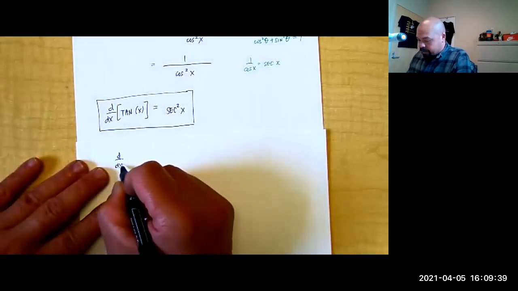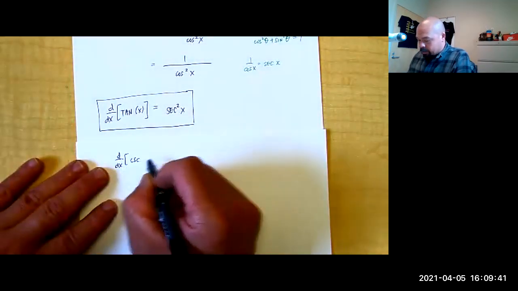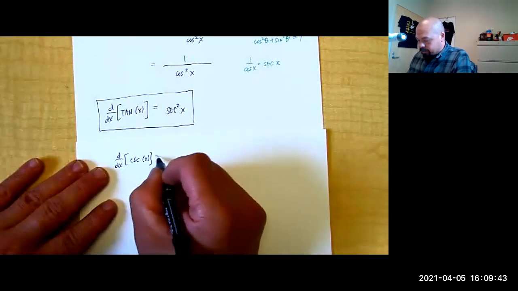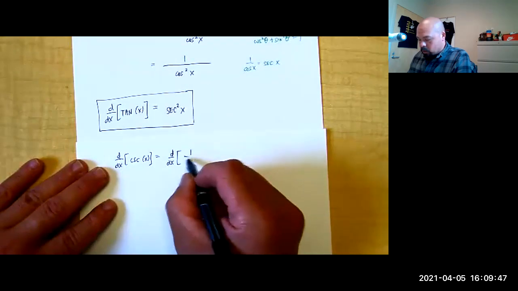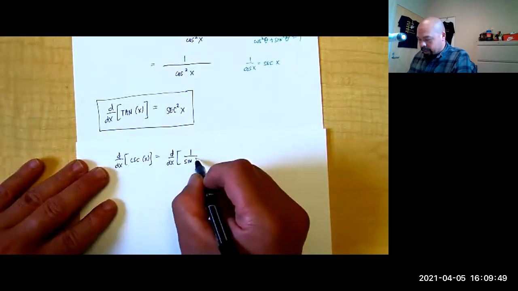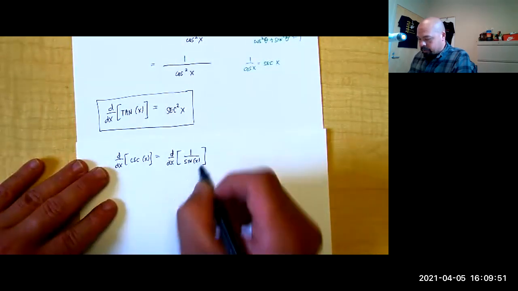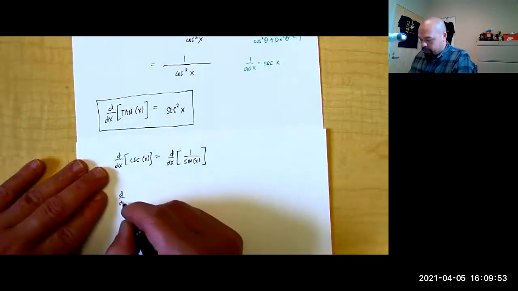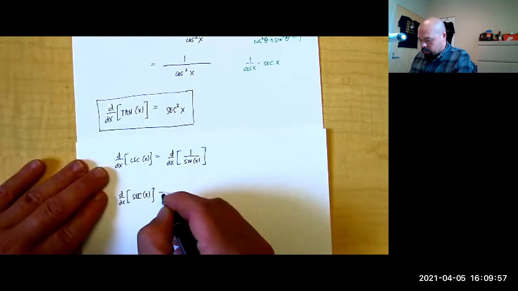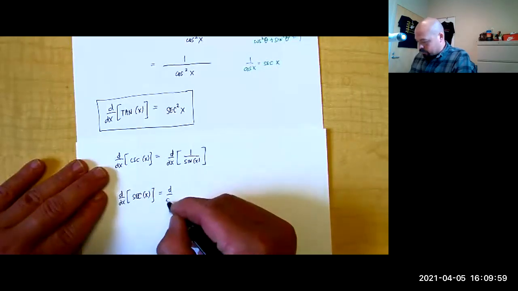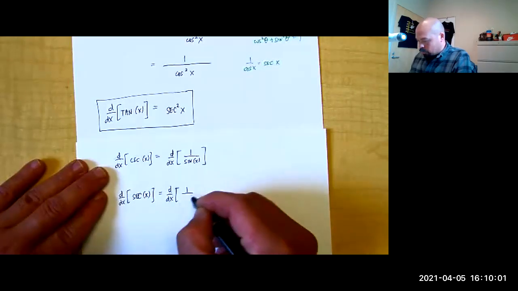The derivative of the cosecant of x, the cosecant, 1 over the sine of x, the secant, 1 over the cosine of x.